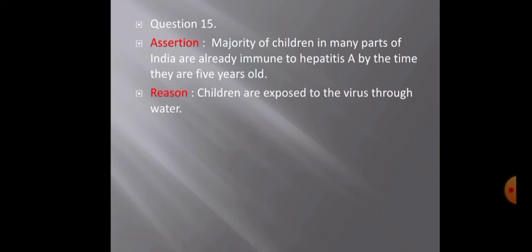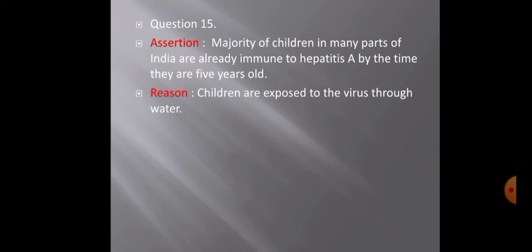The last question of the practice questions of this assertion and reasoning is the 15th question. The assertion says, majority of the children in many parts of India are already immune to hepatitis A by the time they are 5 years old. Yes, children, hepatitis is another infectious disease which affects the immune system.